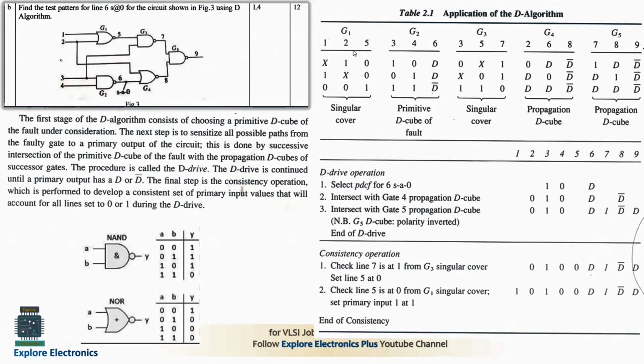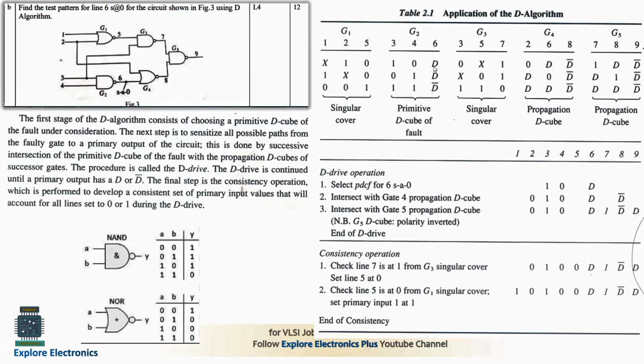So first we need to take this fault node. This fault line is assuming that stuck at 0. So for this, if you write the primitive D cube of a fault line, 6 will be the output of this G2 gate. This G2 gate is a NAND gate. You can see NAND gate truth table here it is.